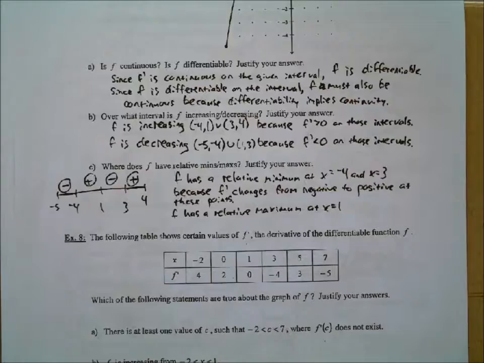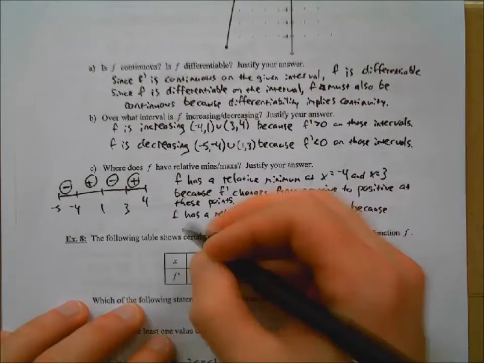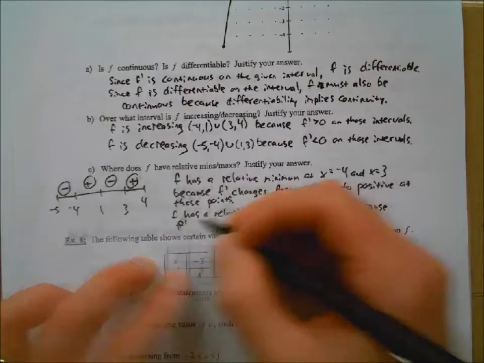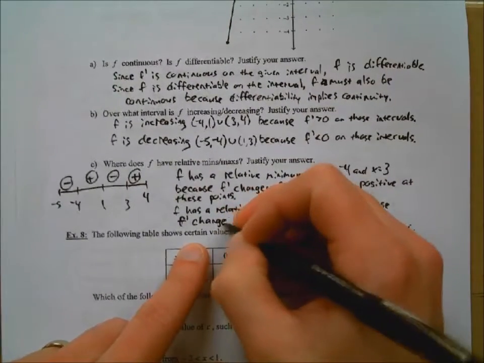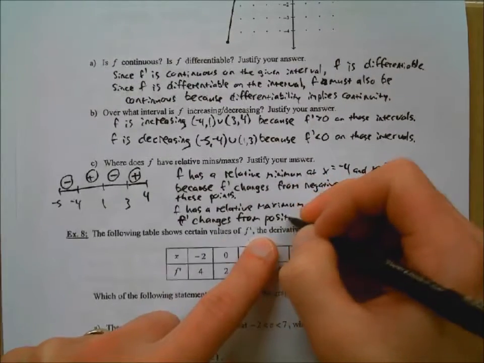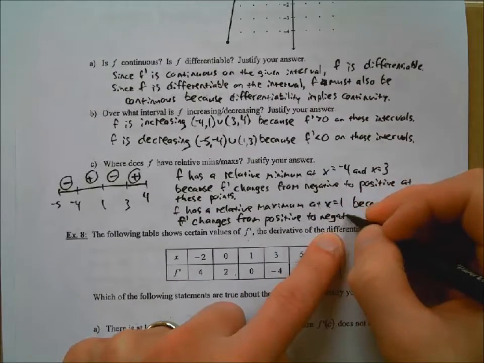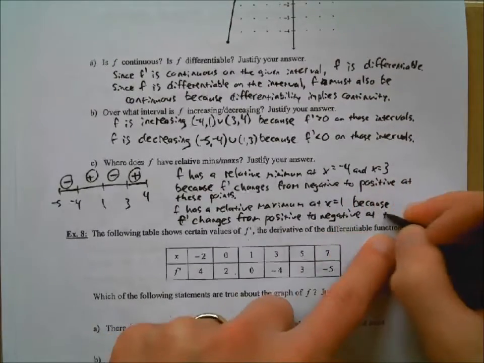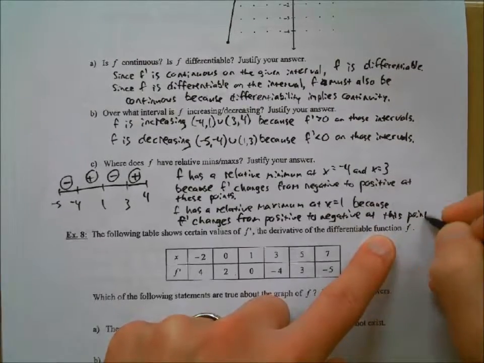Because f prime changes from positive to negative at this point.